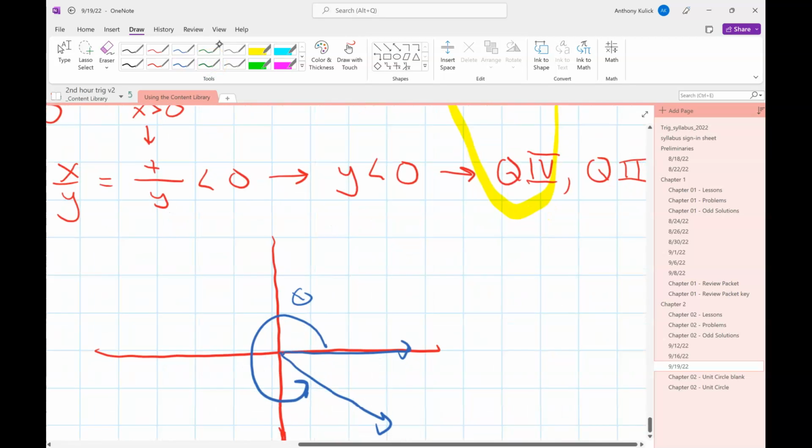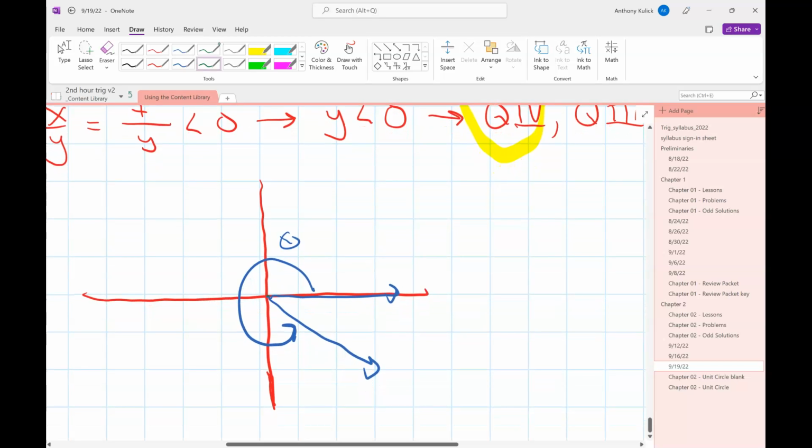All right. I'm going to construct my reference triangle now. Everybody's cool with that? Cosine was 5 over 7. So I'm going to think about this side as 5. And the hypotenuse is 7. How can I find that y side?